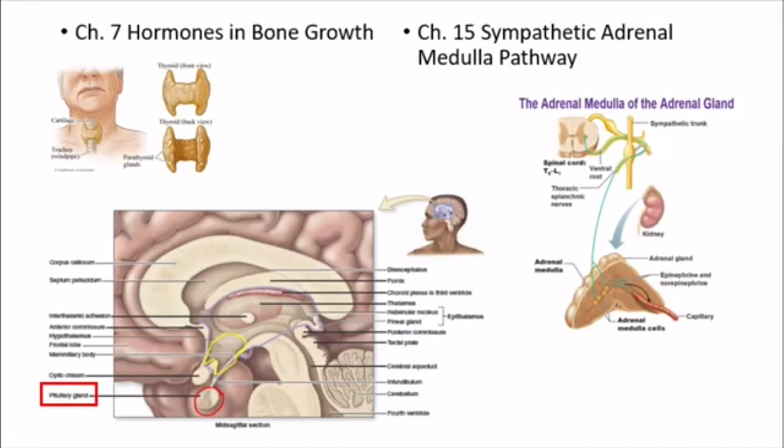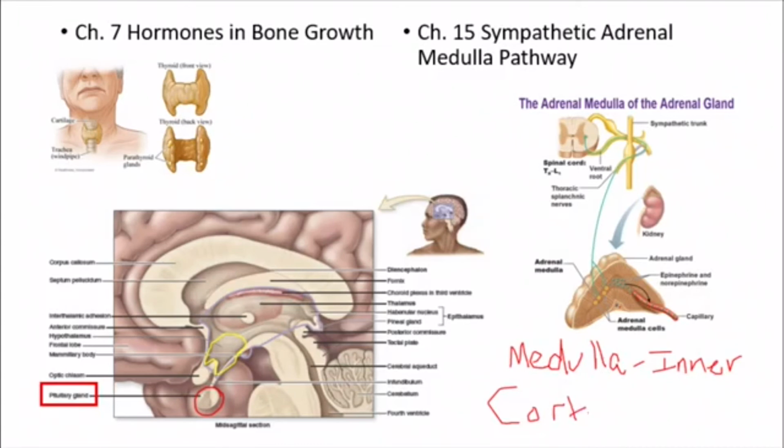So the word medulla. Medulla means the inner portion, and cortex is going to mean the outer portion. So in the adrenal glands, the cortex, those cells there, are going to produce cortisol, and the medulla is going to produce the epinephrine and norepinephrine.